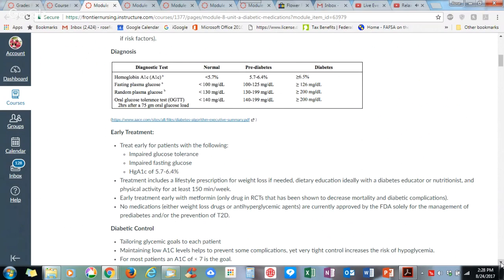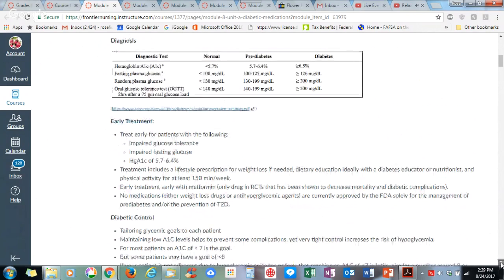Random plasma glucose: less than 130 is normal, pre-diabetic between 130 and 199, and diabetic equal to or greater than 200. Oral glucose tolerance test: 2 hours after a 75-gram oral glucose load should be less than 140. Pre-diabetic, it's 140 to 199. And if diabetic, it's equal to or greater than 200.